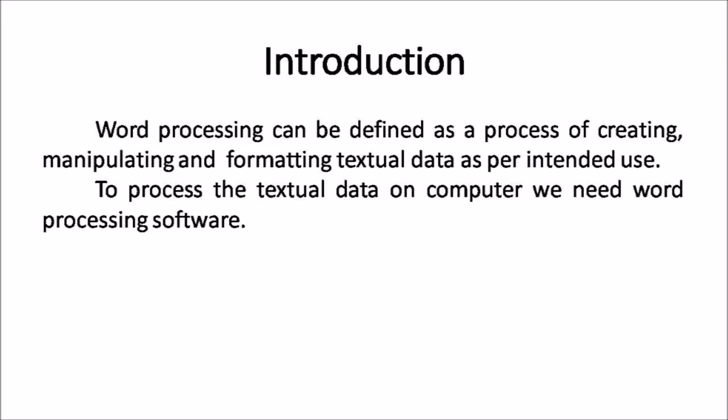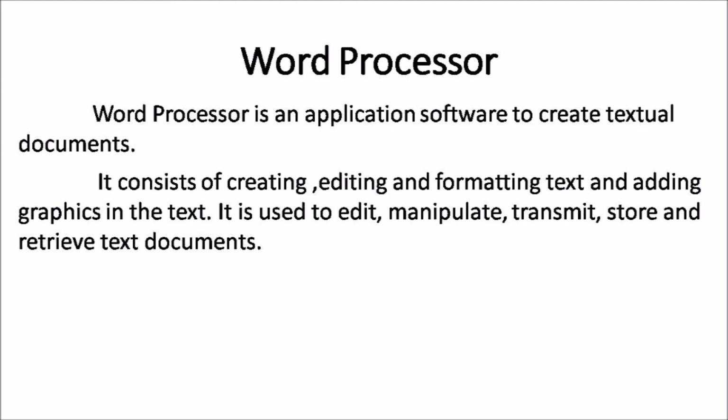Now let us see what is word processing. Word processing can be defined as a process of creating, manipulating and formatting textual data as per intended use. To process the textual data on computer, we need word processing software. We saw what is word processing.